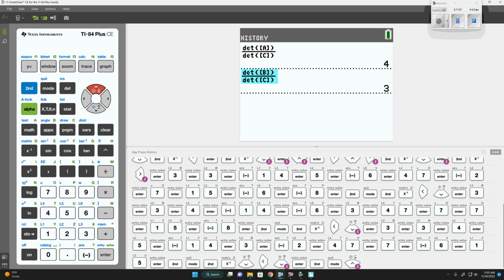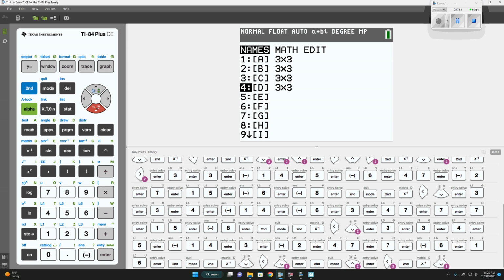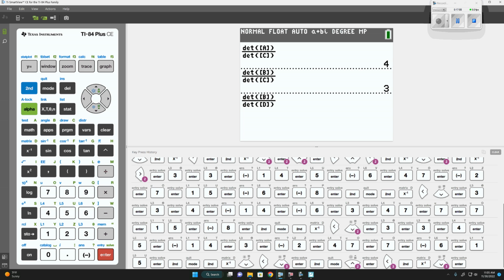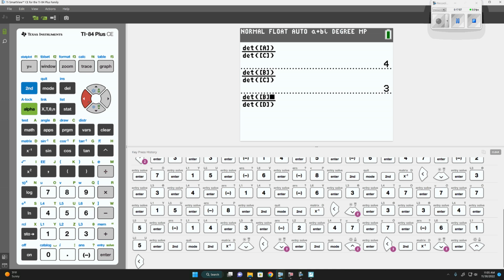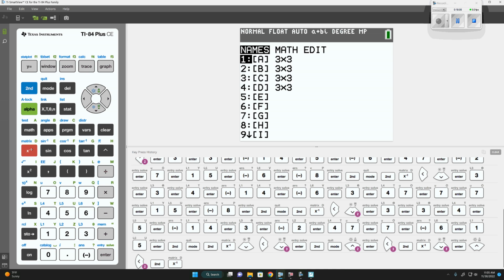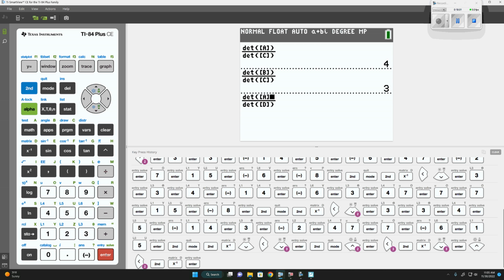Just like with the last one, we could go up and select this here, determinant of B over determinant of C, but that wouldn't give us the right answer, because the new determinant for the denominator is not matrix C anymore. It's what? Matrix D. So I can come back up here and replace matrix C with matrix D. And in the numerator, we'll replace matrix B with matrix A.